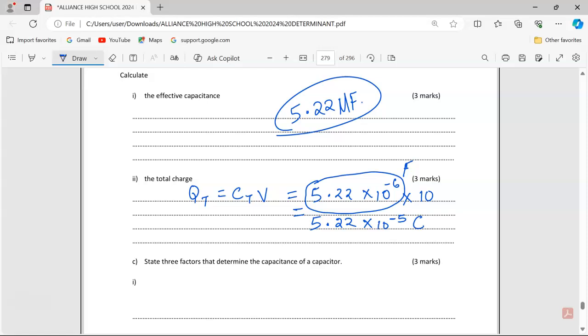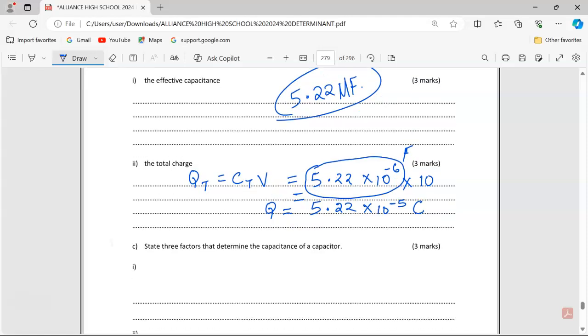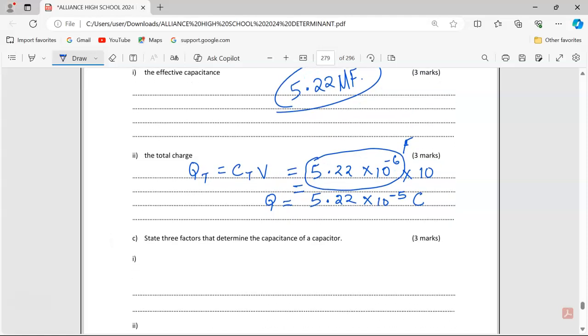It's good to master that. Capital C is the abbreviated unit of charge, coulombs, and again, capital C is also capacitance. In the formula, C is for capacitance, but in this answer, C is for coulomb.